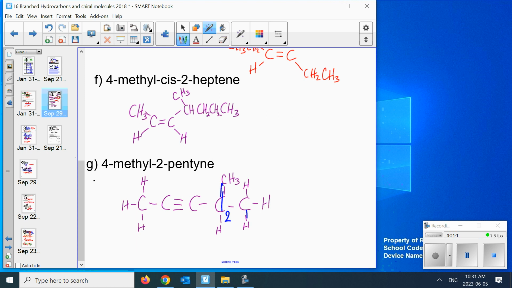Yeah, I do see what you mean, because now we said use the lowest number possible for attachments, substituents. However, when we have a double or a triple bond, use the lowest number for that. And then number the attachments out. I'm not going to try to fool you guys. I won't give you things that are super long, complicated. Okay.